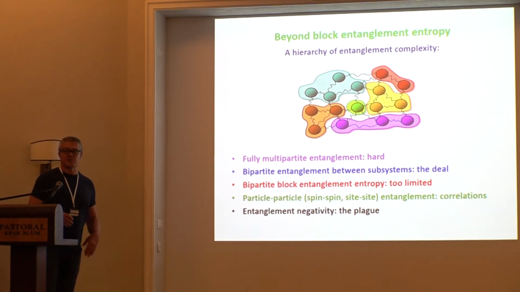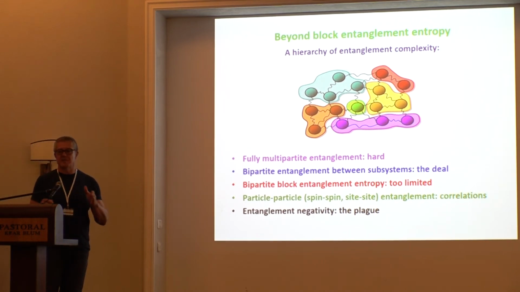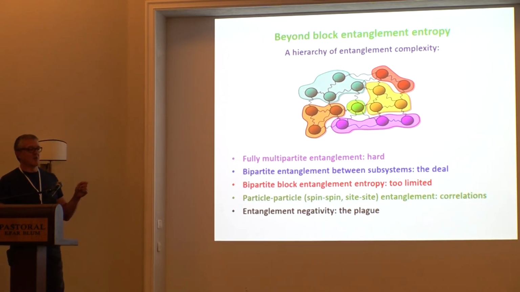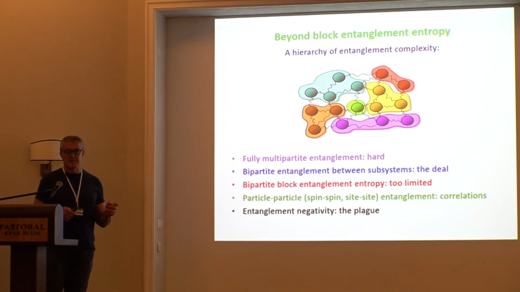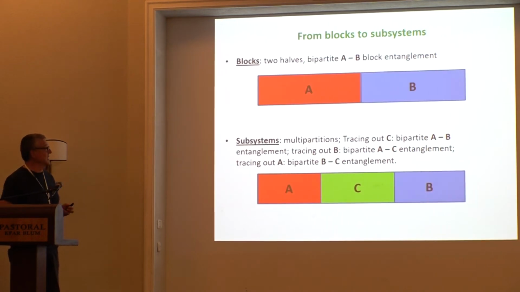So block entropy is a bipartite measure of entanglement based on bipartitions. Now I'll show you a very useful and important example of a bipartite measure of entanglement based on multipartitions. And I'll show you how it works, what the idea is.